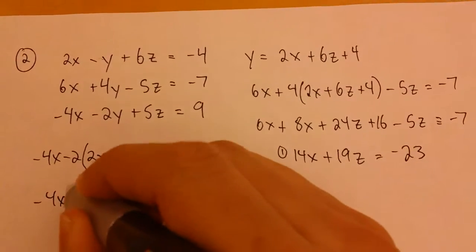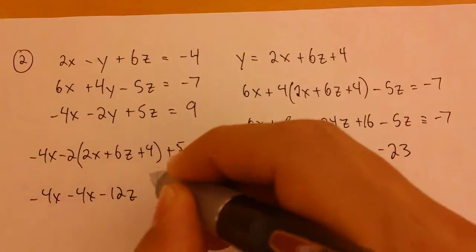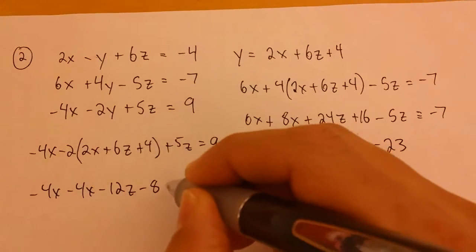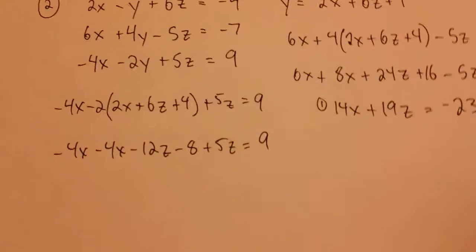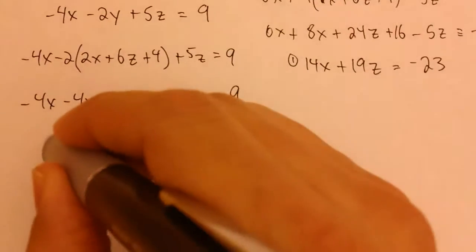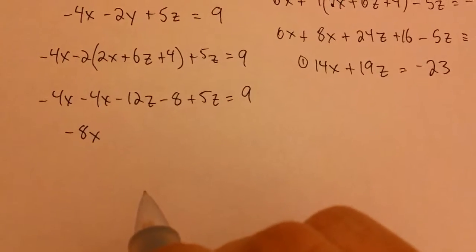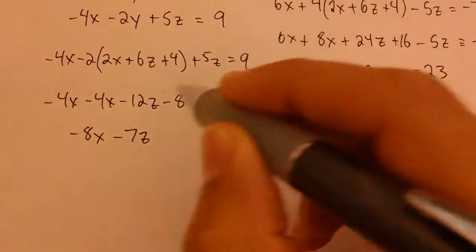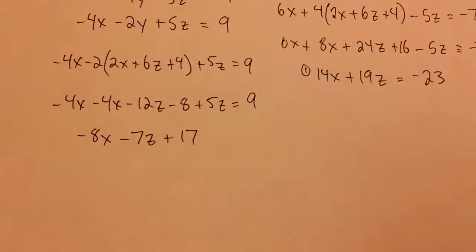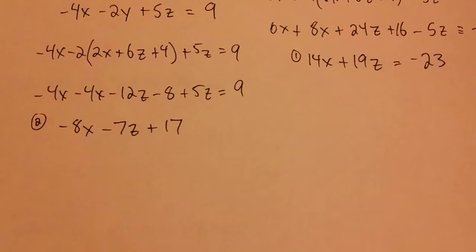So we get -4x minus 4x again, minus 12z minus 8 plus 5z equals 9. When I combine that, I get -8x minus 7z. I'm going to add 8 to the other side, so I get plus 17. So this is my second equation in 2 variables of x and z.